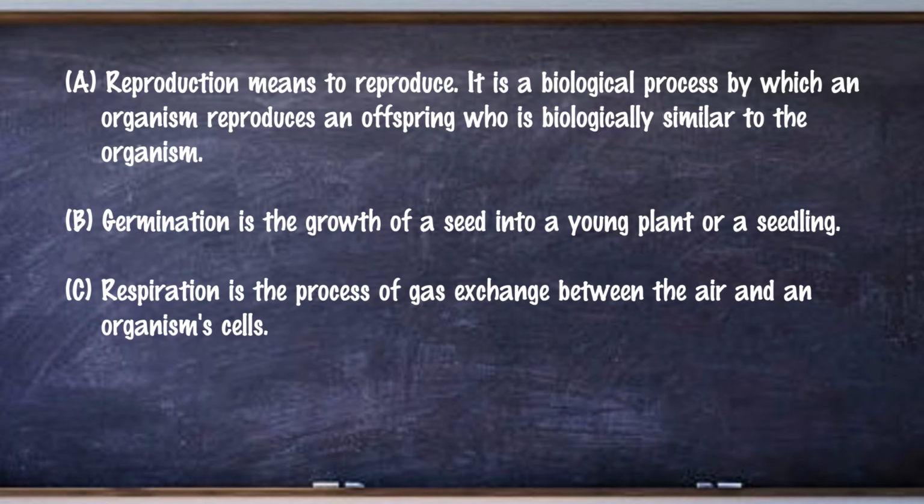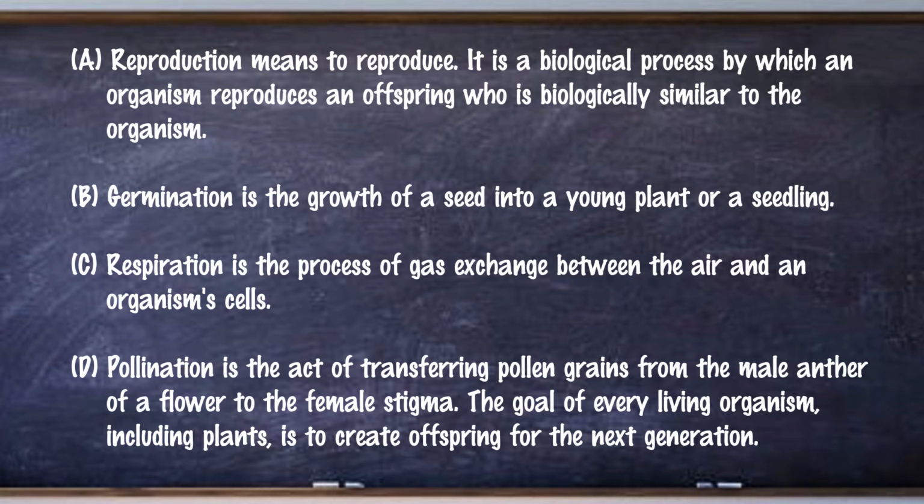Respiration is the process of gaseous exchange between the air and an organism's cells. And the last one, D, pollination is an act of transferring pollen grains from the male anther of the flower to the female stigma of the flower. The goal of every living organism, including plants, is to create offsprings for the next generation.